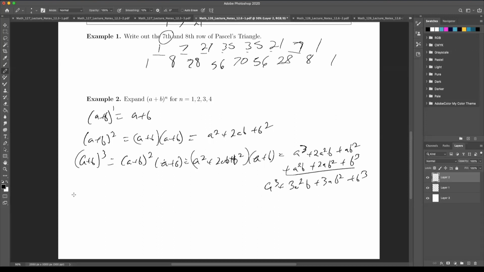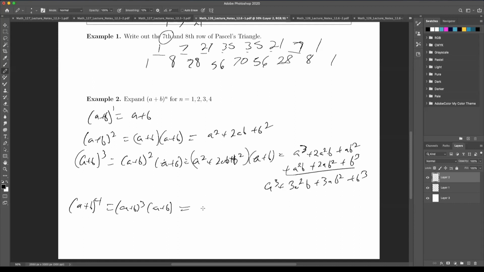Okay. And then here we're going to do a plus b to the fourth. So a plus b to the fourth is going to be equal to a plus b cubed times a plus b. So I'm just going to multiply this times a plus b, right?